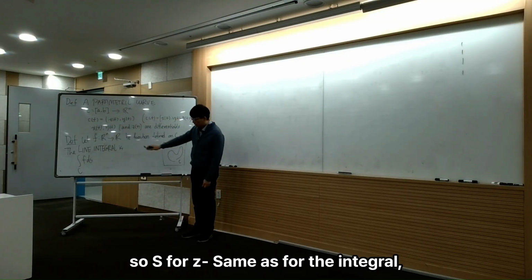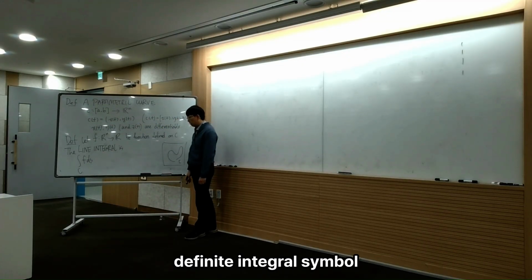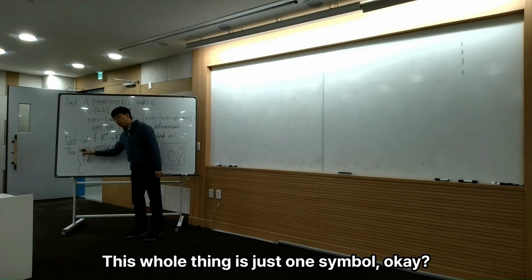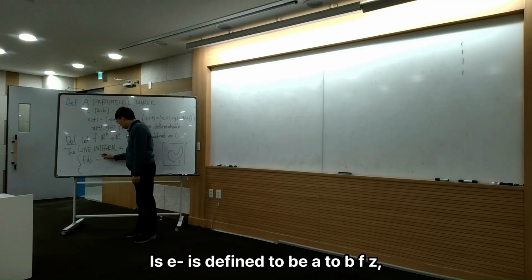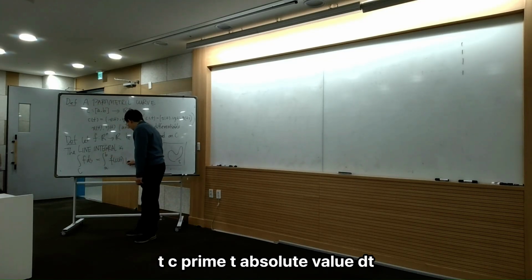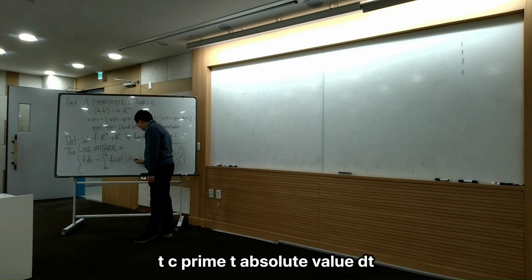Same as for the definite integral symbol, this whole thing is just one symbol. It is defined to be the integral from a to b of f(C(t)) times the absolute value of C'(t) dt.